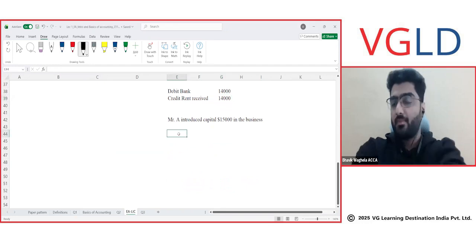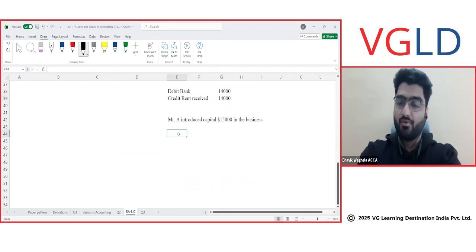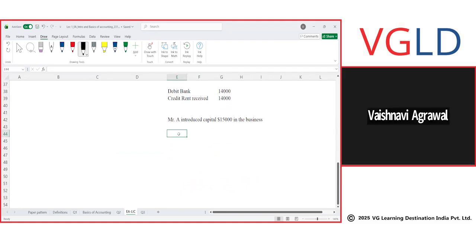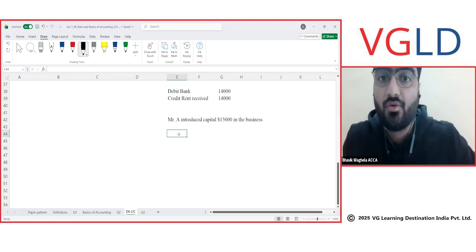Mr. A introduced capital 15,000 in the business. Now think from the business's standpoint, not from Mr. A's standpoint. Why? Because we do accounting from the business's standpoint. What will the business say? We have received cash 15,000. Income? No, my friend, this is not an income. This is capital.